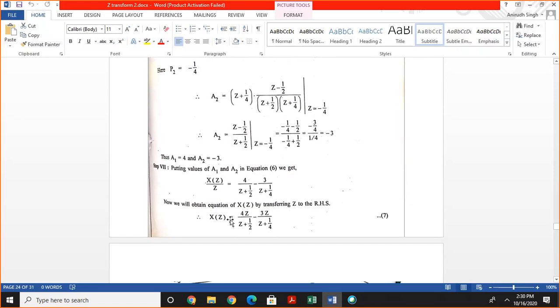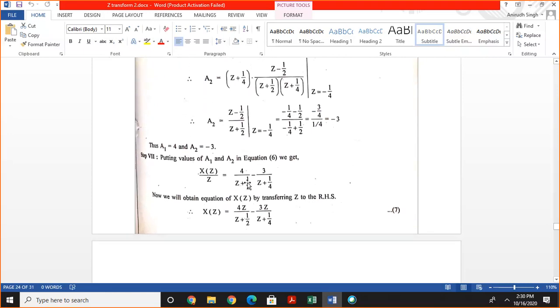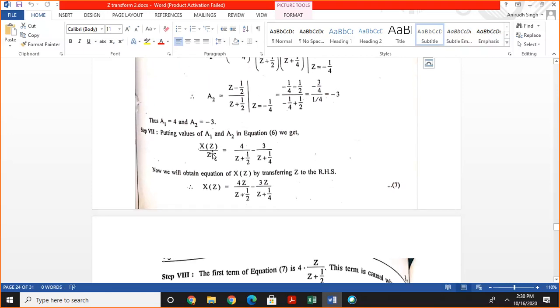Put the value of X of z divided by z, then this term and this term is cancelled out, and we get A1 is like this, and when we put z is equal to minus half, we get the value of A1 is 4. Similarly, we calculate the value of A2.